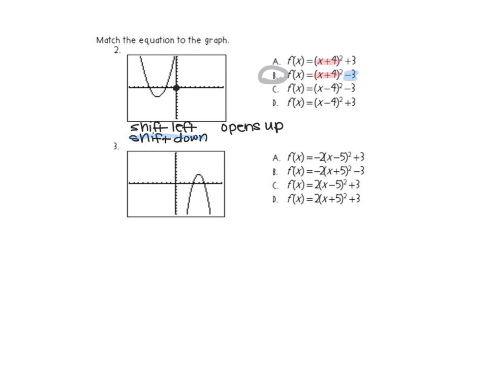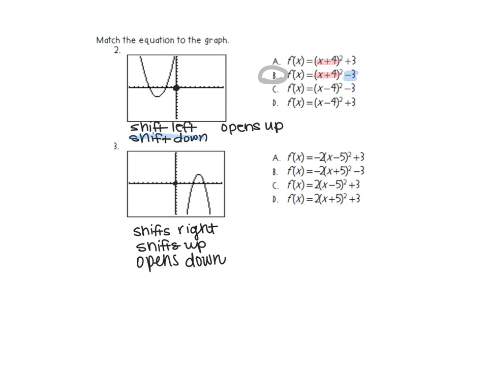So take a few seconds, write yourself some notes about the graph, and then try to match the equation. When you write yourself some notes, hopefully you recognize that this shifted up and to the right, and it's opening down.